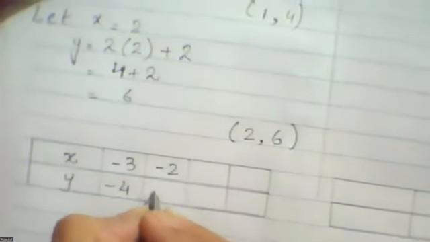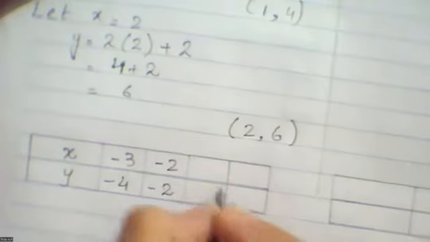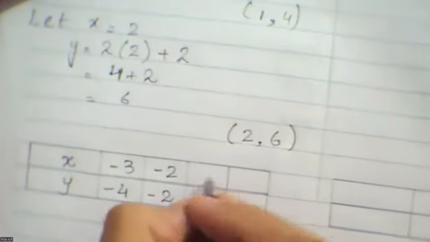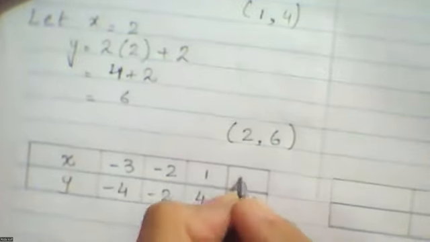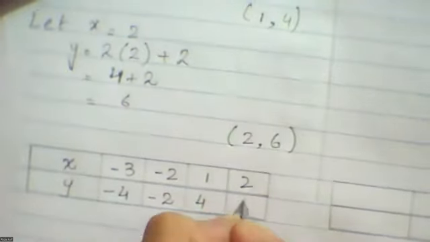Second value was -2, -2, right? Third one was 1 and 4. And what about the fourth one? Fourth one is 2 and 6. Clear, student? So in this way, we can easily solve our first equation.